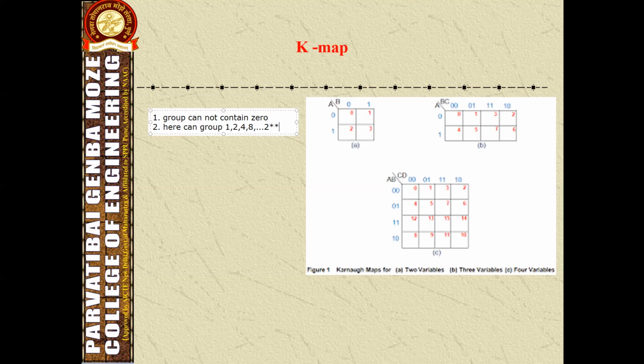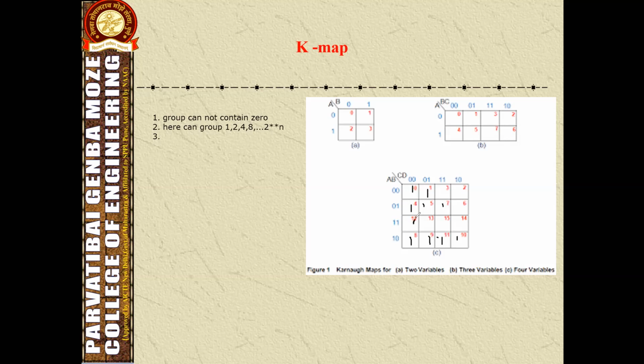Here I am writing the power like this: double star is nothing but 2 raised to the power of n. For example, if here is 1, here is 1, here is 1, we will assume these cells have the value 1 and the remaining cells have the value 0.